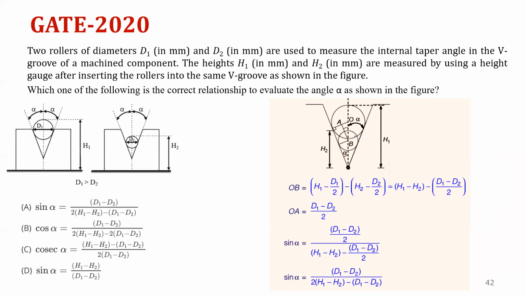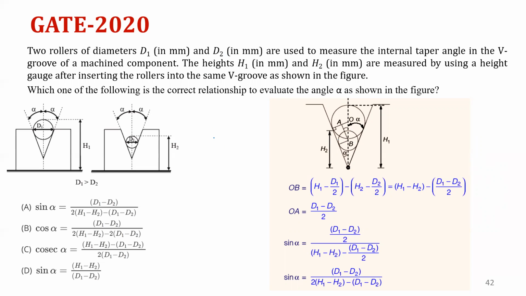Let us first place the smaller roller and then place the bigger roller. This height is h1, the height of the bigger roller, and h2 is the height of the smaller roller.